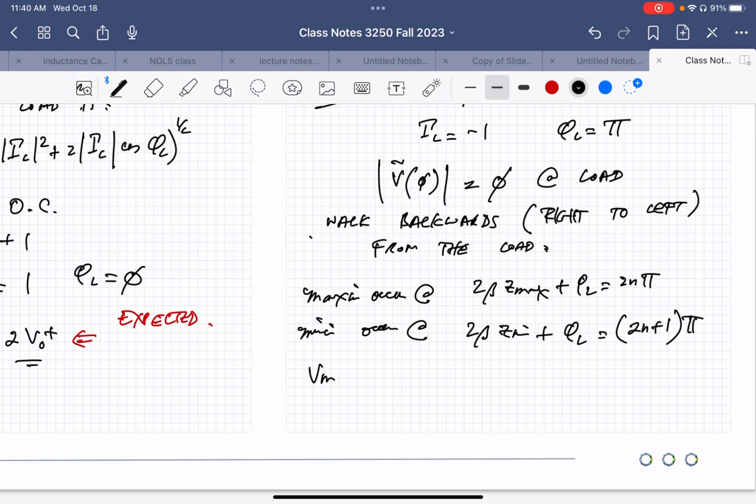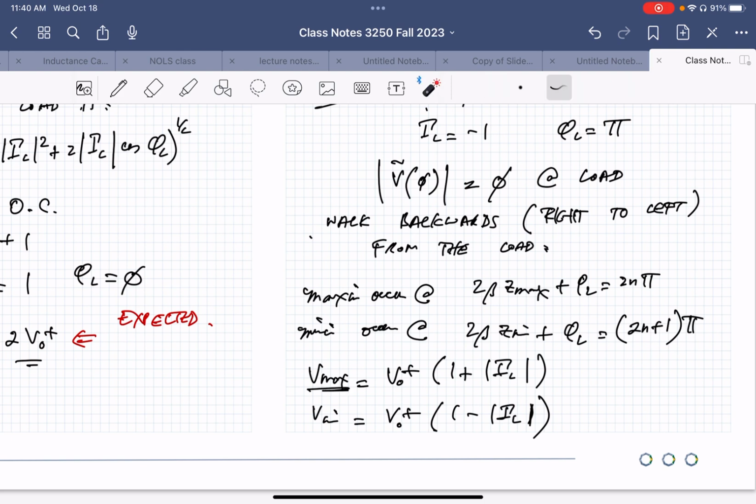And the voltage at the maximums is V0 plus times 1 plus the magnitude of gamma L, and the voltage at the minimums is V0 plus times 1 minus the magnitude of gamma L. So at the locations where the maximums happen, you expect this to be the value, and where the minimums happen, you expect this to be the value of the voltage.